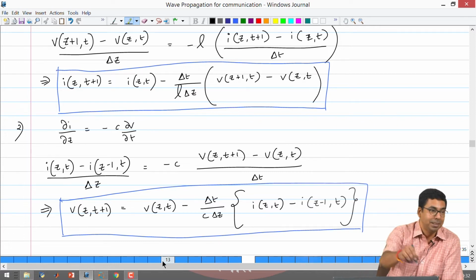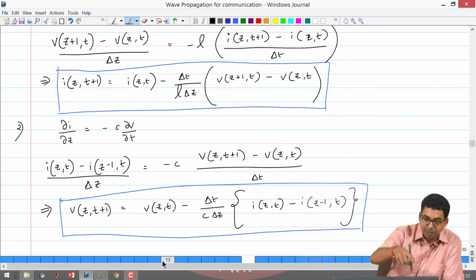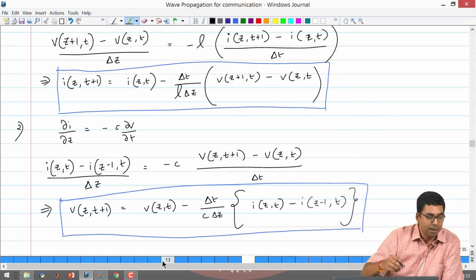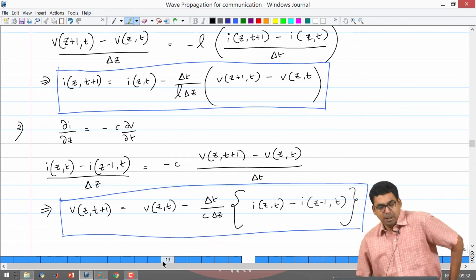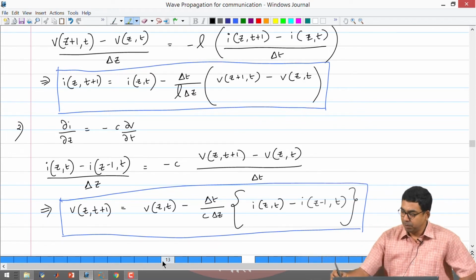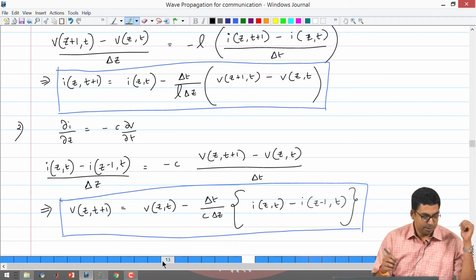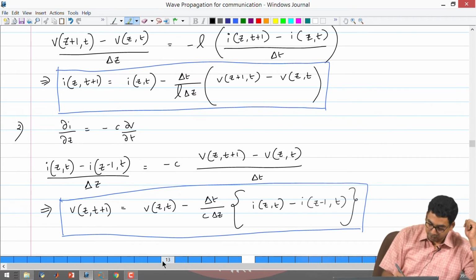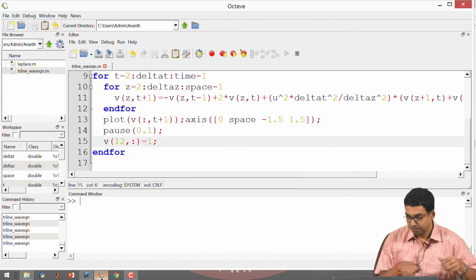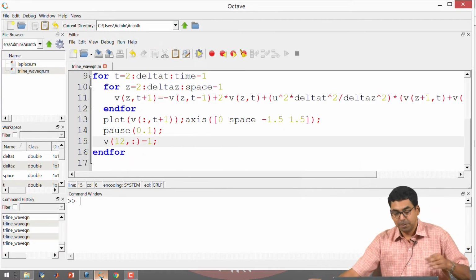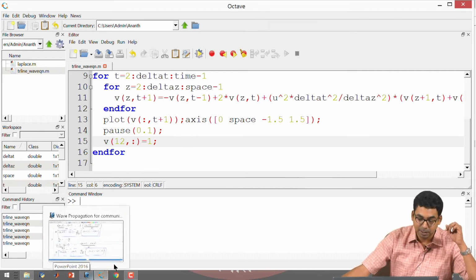This is what it means by doing the coupling. So you have to do this back and forth, and this will become familiar once we write down the code for this. So I will go ahead and write down the code for doing this. It has some specific advantages over the code that we have just written for the wave equation.